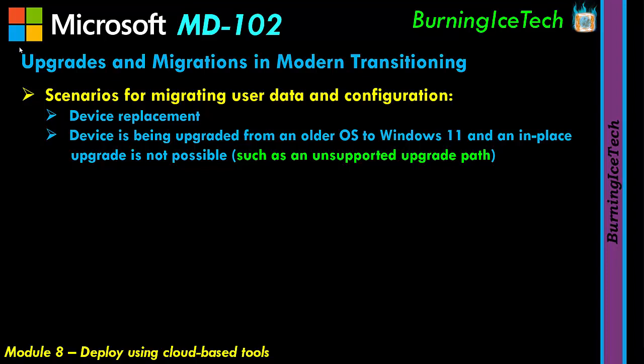So if you would like to upgrade yourself or a user or a customer, that machine has to stay on the same architecture. So if they're running 32-bit of Windows 10, they can only upgrade to a 32-bit of Windows 11. Same with 64-bit. If they are running a certain edition of Windows 10, you generally want to try and keep that machine on the same edition as well.